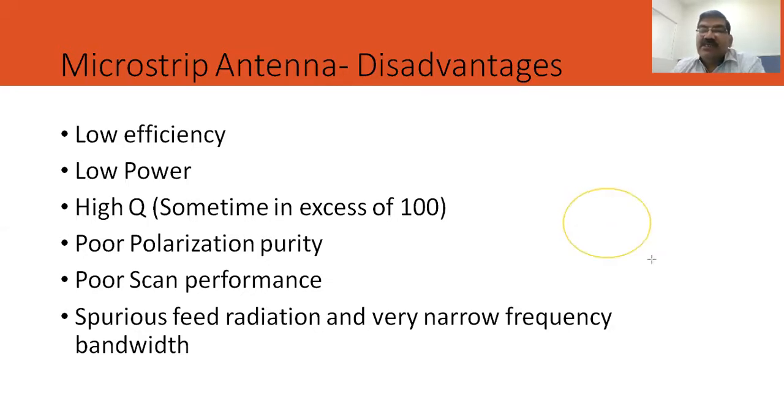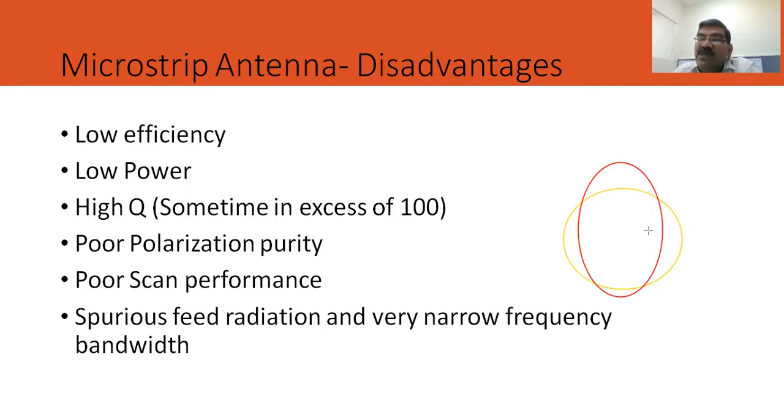It may be like this, maybe elliptical. The components are not the same, so it may be in an elliptical manner. This is the task we can call poor polarization purity. Definitely various people are working on these problems and trying to improve the polarization purity, but this is the comparison with other antennas.